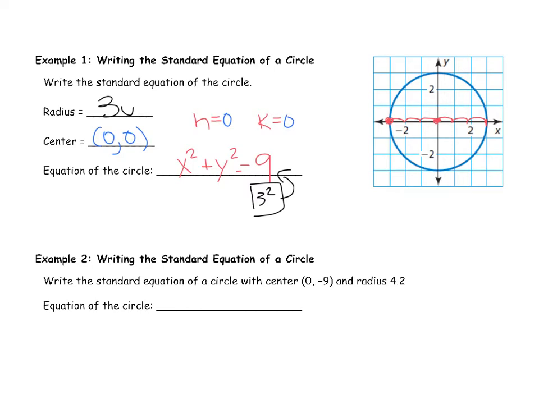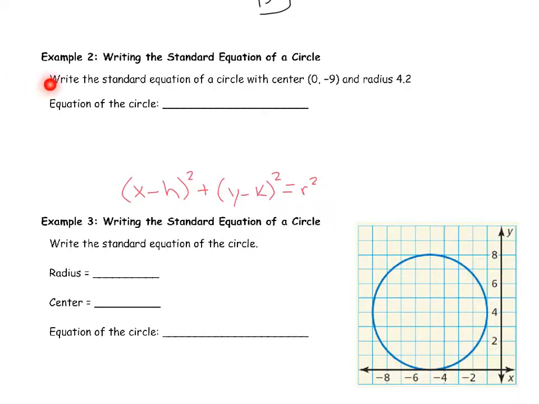All right, moving on. Now let's look at writing the standard equation of a circle with the center at 0, -9, and has a radius of 4.2. First, they've given us our center point of our circle, so I'm going to mark that as h, k. That's our point for the center.